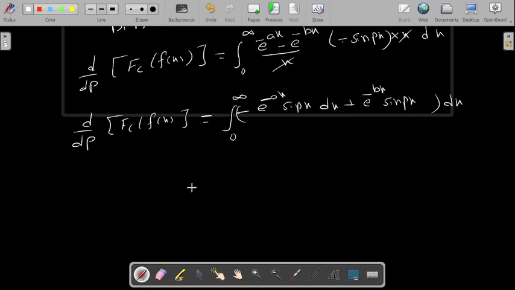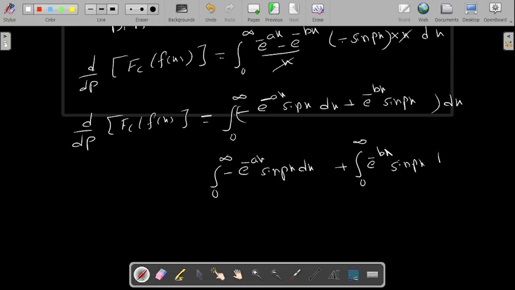Now separate these integrals: integral 0 to infinity of minus e power minus ax sin px dx plus integral 0 to infinity of e power minus bx sin px dx.